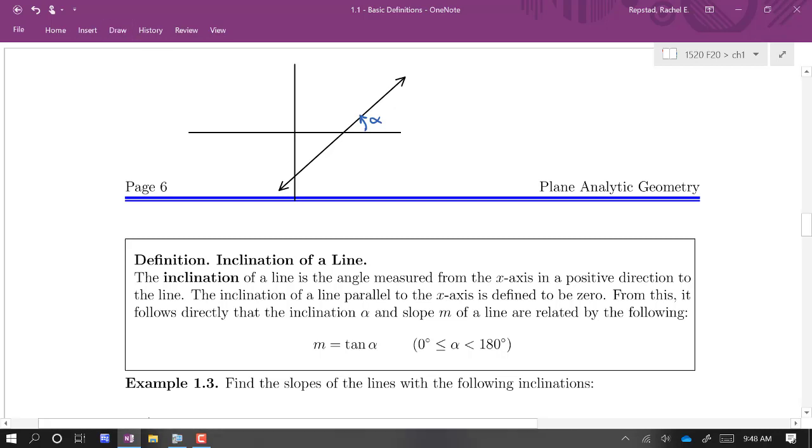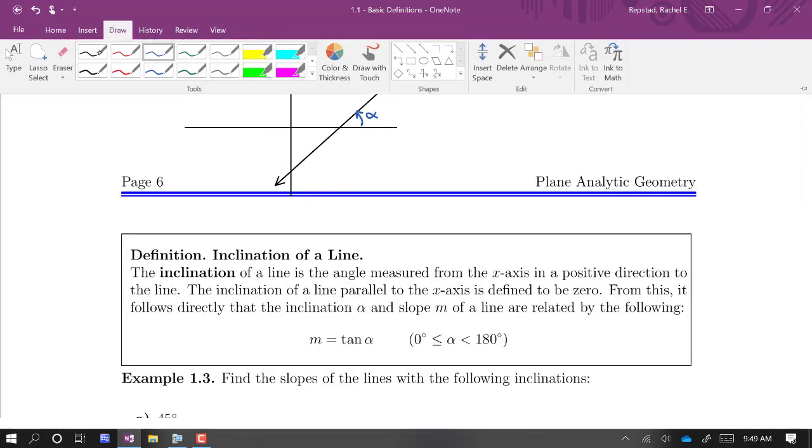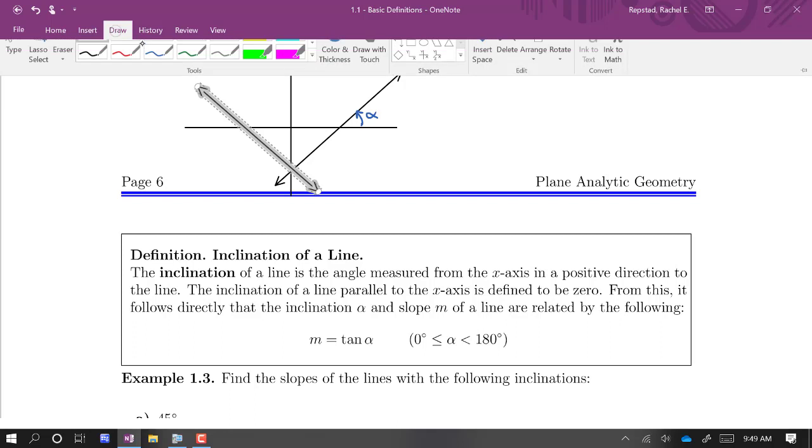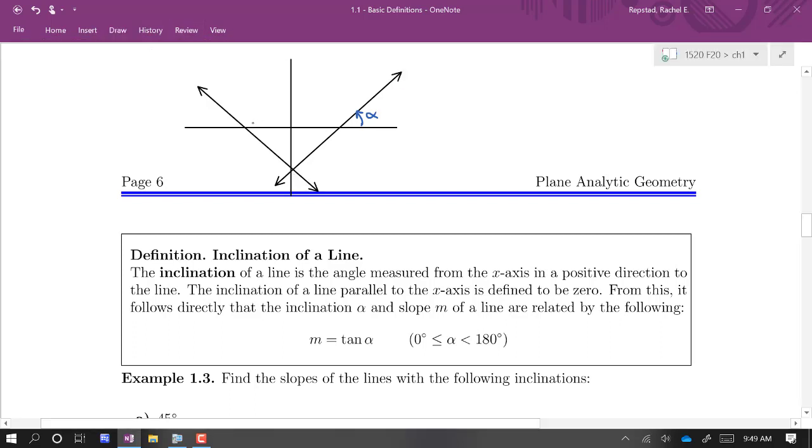So there's a line with a positive slope. I could also take a look at a line that has negative slope. Its inclination, again, I'm starting on the x-axis.